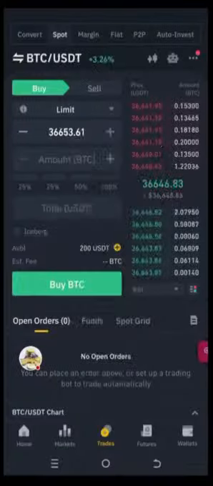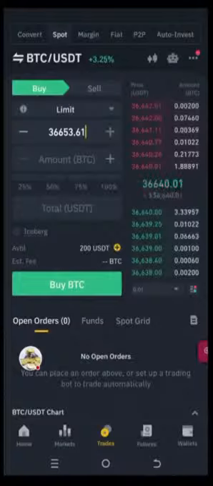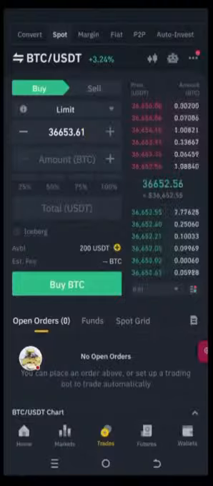The reason why I prefer to pay fees in the same currency I'm doing the trades in is because it makes it simpler to categorize and deduct all the fees. So if I'm doing BTC USDT, I would allow it to be charged in BTC rather than BNB, just for ease of calculations. That's the reason why I do that.